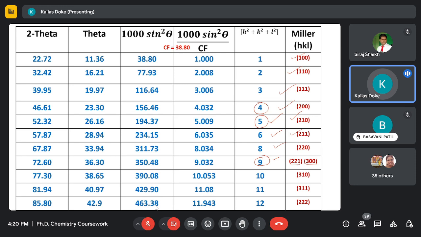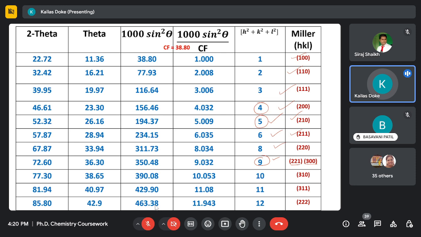This sequence pattern is only for a primitive cubic or simple cubic lattice. So strontium titanate has a cubic structure with a simple cubic lattice, that we can conclude.